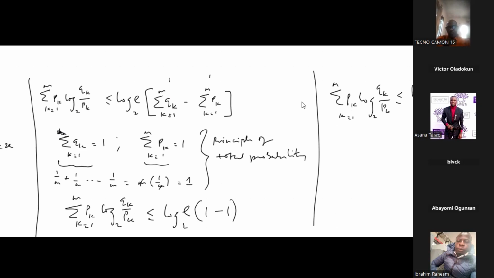So this will truncate this. So we have sigma p sub k log q sub k over p sub k base 2 is less or equal to 0, right?